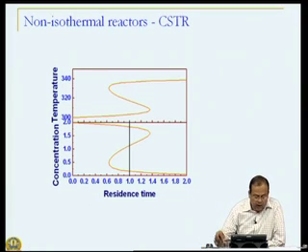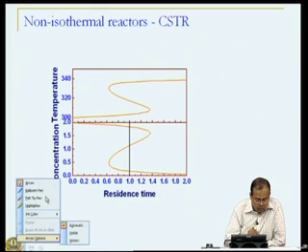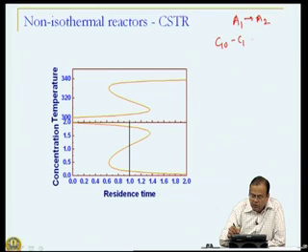So, what we have done over here is we have once again considered a single reaction and put in some values, and we have our energy mass balance which is in terms of R of C1, which we just now saw.